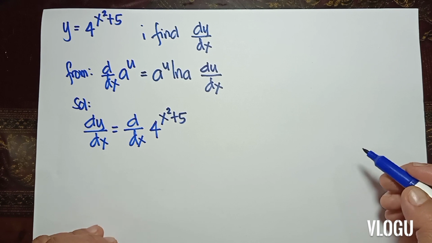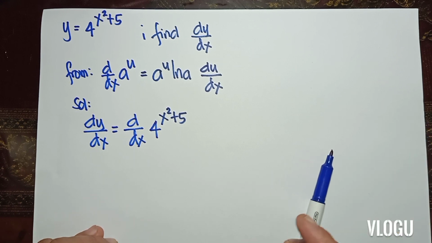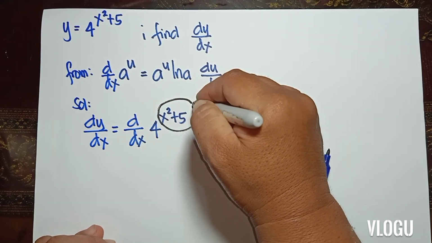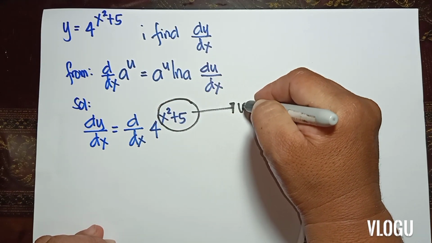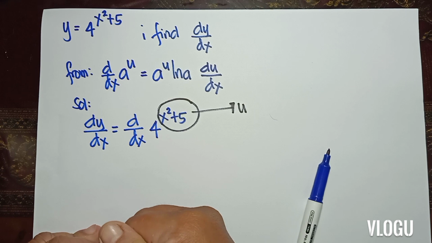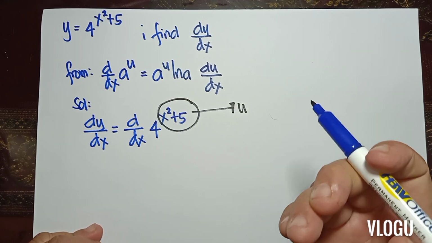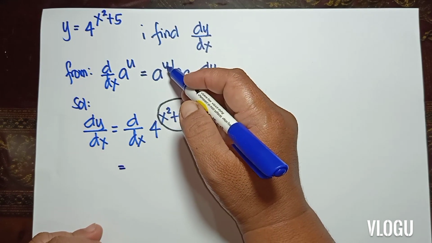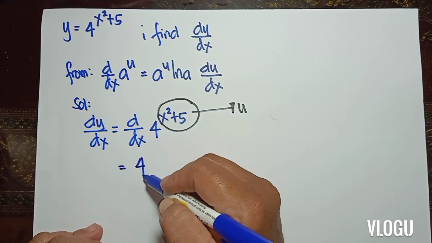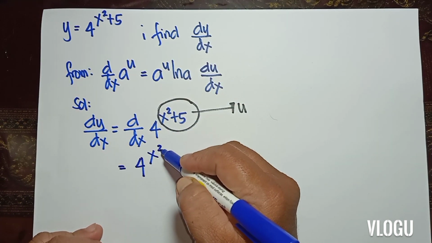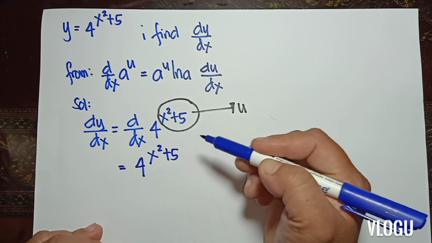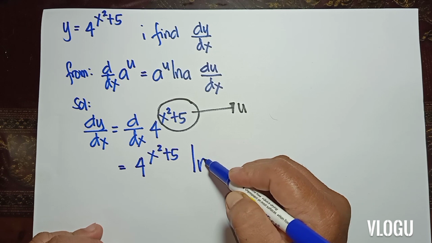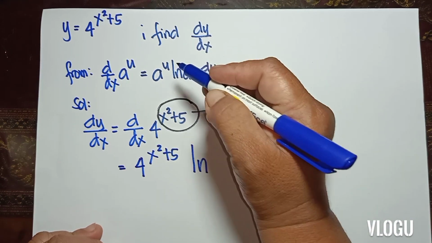If you look at here, our u here is this one, x squared plus 5. So therefore, we will have formula a to the u. So just write it again, 4 to the x squared plus 5. That is a to the u. Then ln of a. What is a? 4.